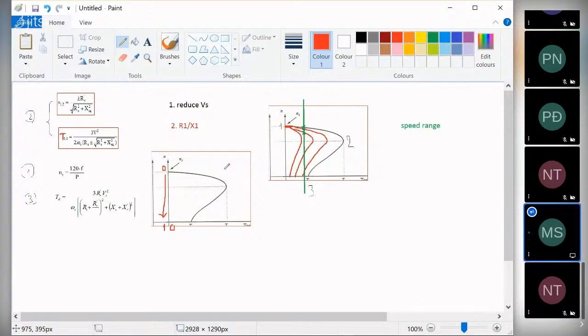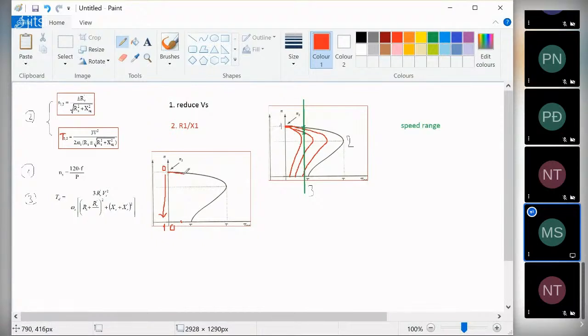Do you agree with me? Yes. So we have to draw out this response like this: constant synchronous speed, reducing starting torque, reducing the maximum torque and reducing maximum slip.